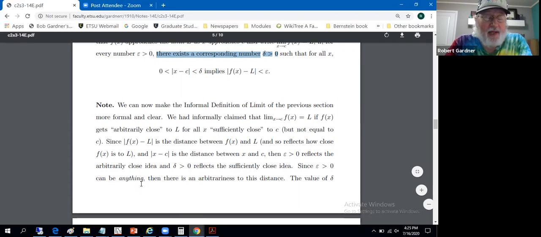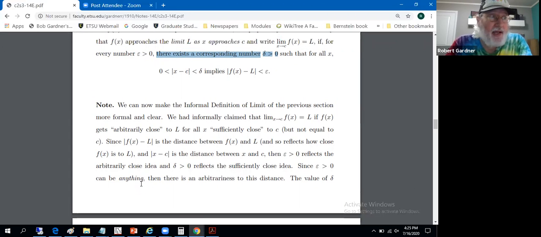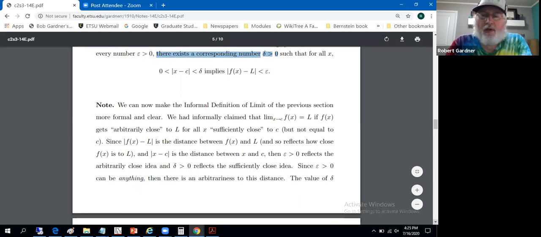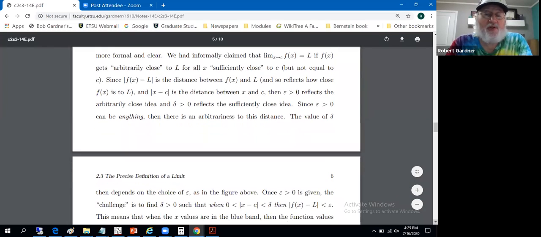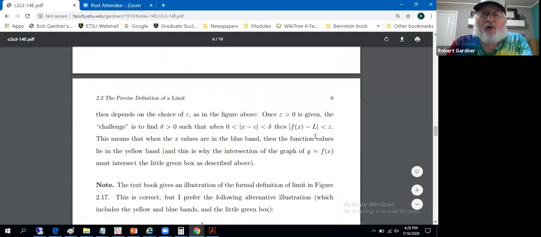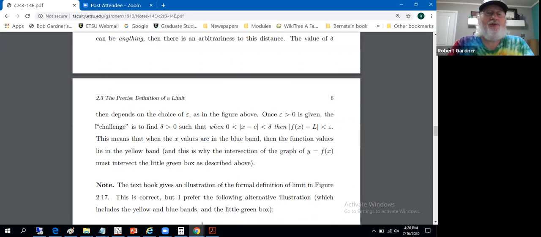But the game is played as you give me epsilon, and then I've got to run and find delta. Actually, I'm going to turn the tables on you. I'll give you epsilon. You're going to have to run and find delta, such that the definition works. The book states this as, here's epsilon. The challenge is to find delta such that the definition is satisfied. And we'll go through some examples on that kind of thing. Actually, we did one where epsilon equals 2 a while ago.